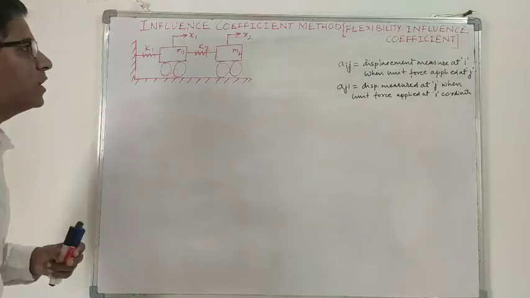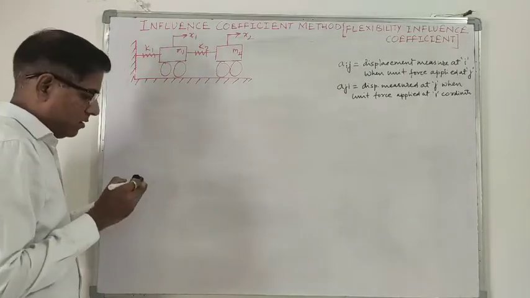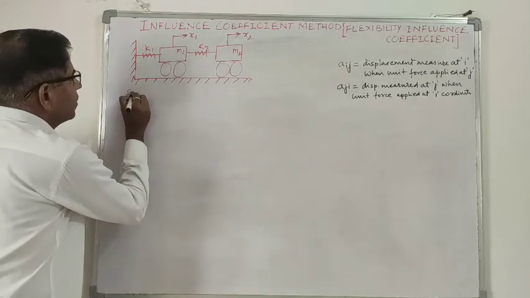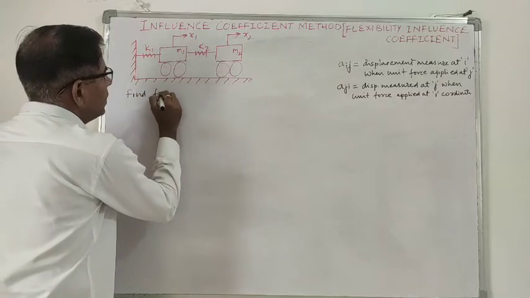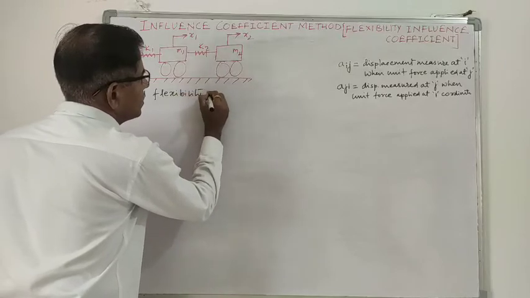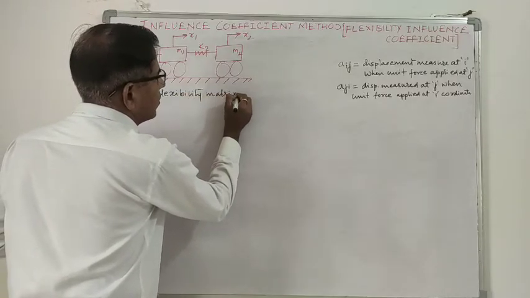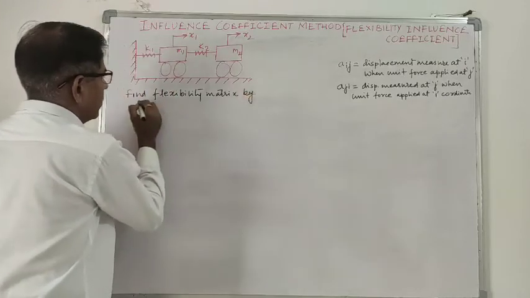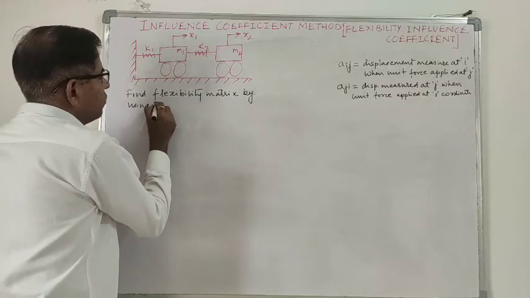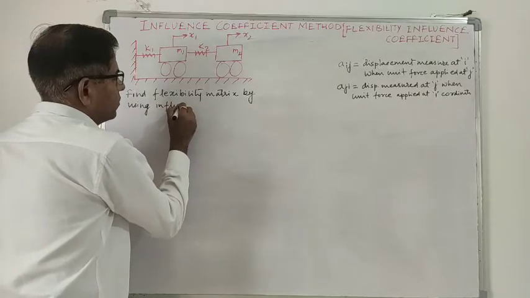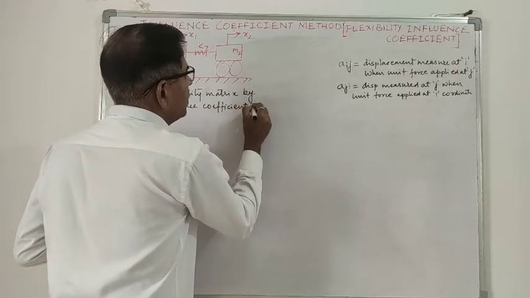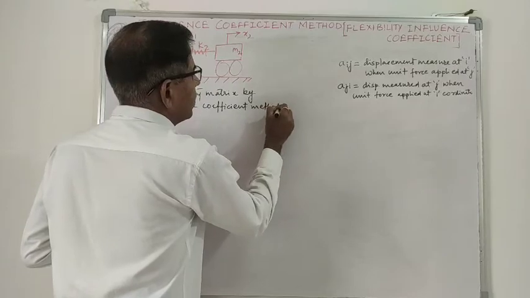So this is a 2 degrees of freedom system, and we need to find the flexibility matrix by using the influence coefficient method.